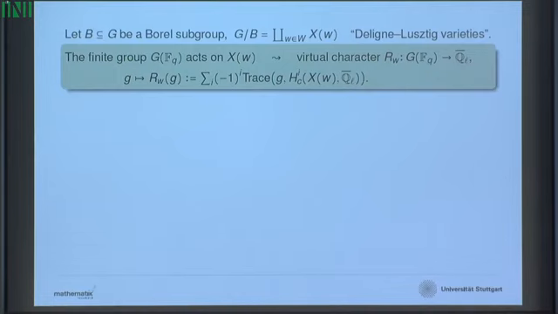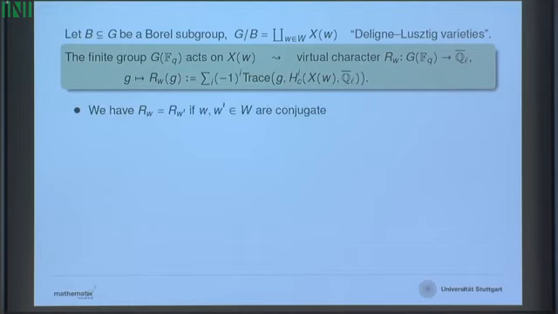So you take an alternating sum over all these things and take the traces of G on these spaces. Of course, there are theorems behind this: only finitely many spaces are non-zero, they are finite dimensional, and so on. In any case, you define a virtual character of your finite group by a very complicated abstract method. And the problem is to compute these functions explicitly.